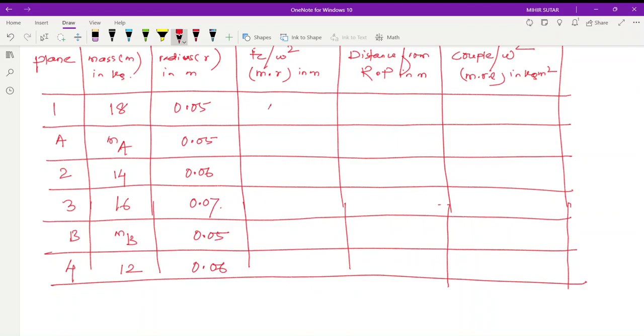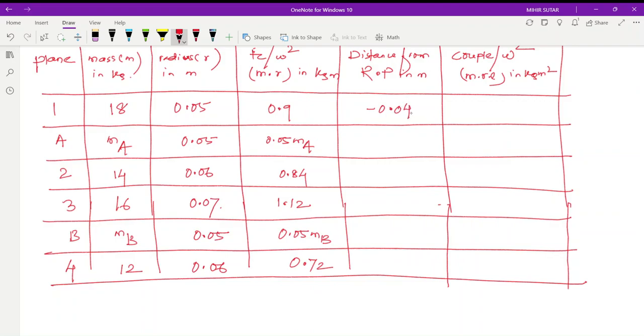So this value will be 0.9, this is 0.05 MA, this is 0.84 kg meter, and this will be 1.12 kg meter, this is 0.05 MB kg meter, 0.72 kg meter.